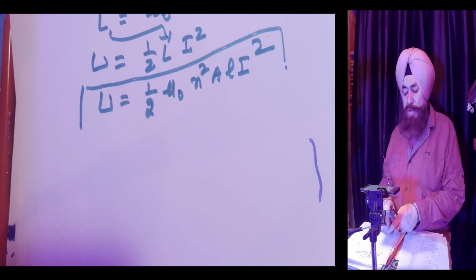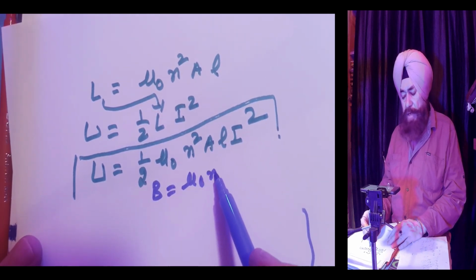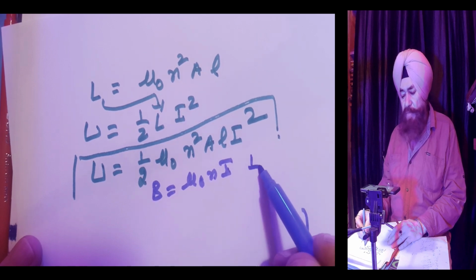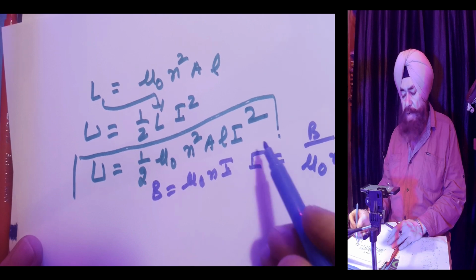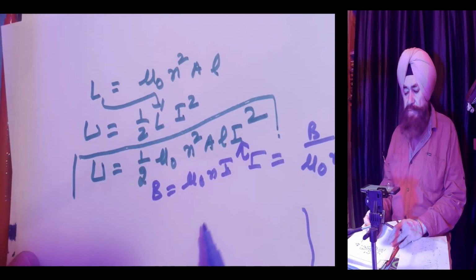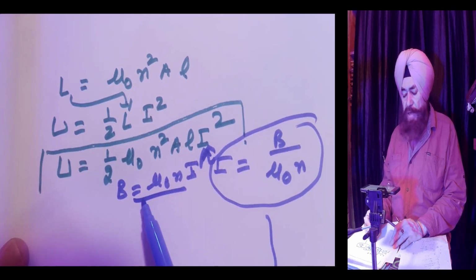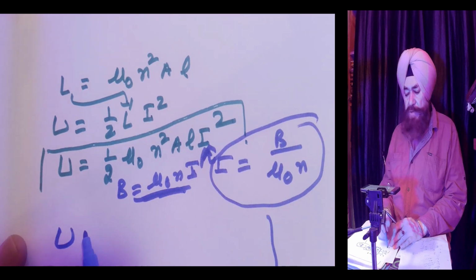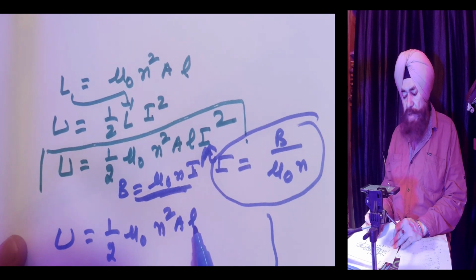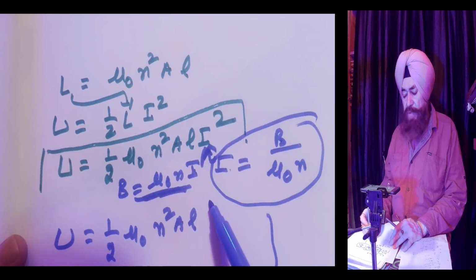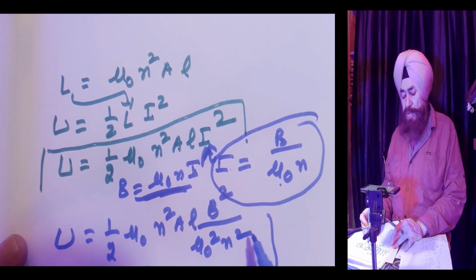Okay, and you know very well B equals mu naught n I, and from here, I equals B upon mu naught n. Substituting this I here, taking I from this expression, U becomes half mu naught n square A l into B square divided by mu naught square n square.